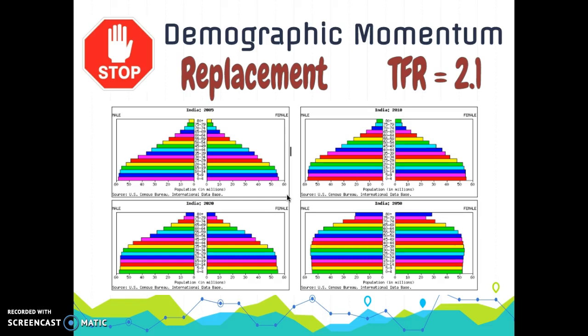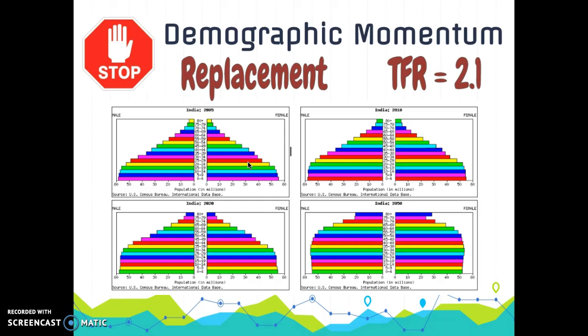And so another way to think about this is population momentum is the tendency of a population to continue to grow beyond the time when replacement levels of fertility are achieved. So remember, the replacement level for fertility rate is 2.1, right? So a country such as India may hit a 2.1 total fertility rate replacement, right?